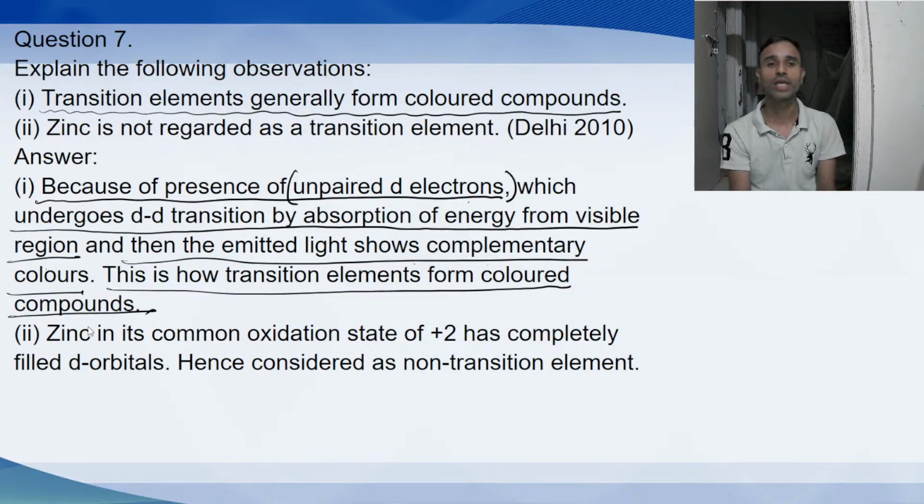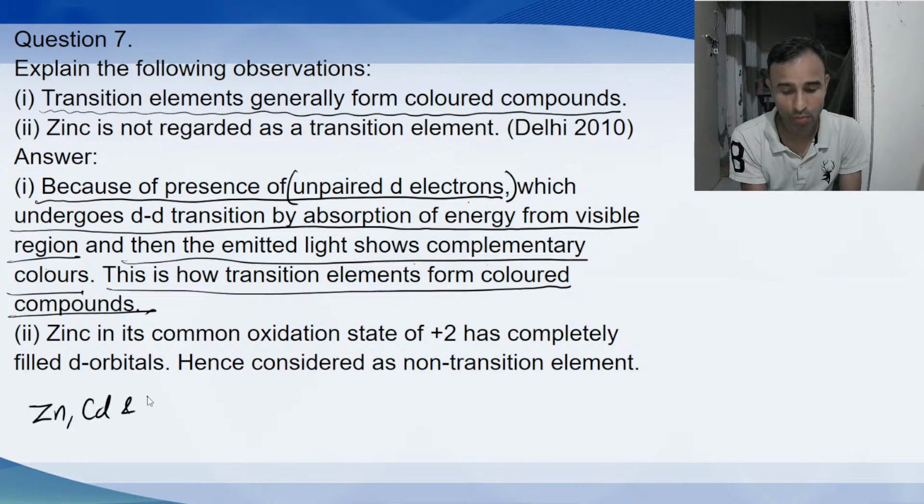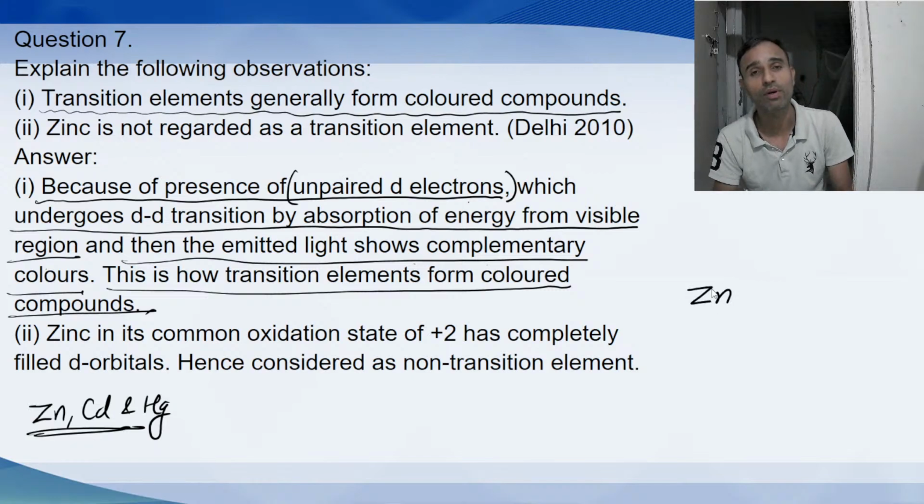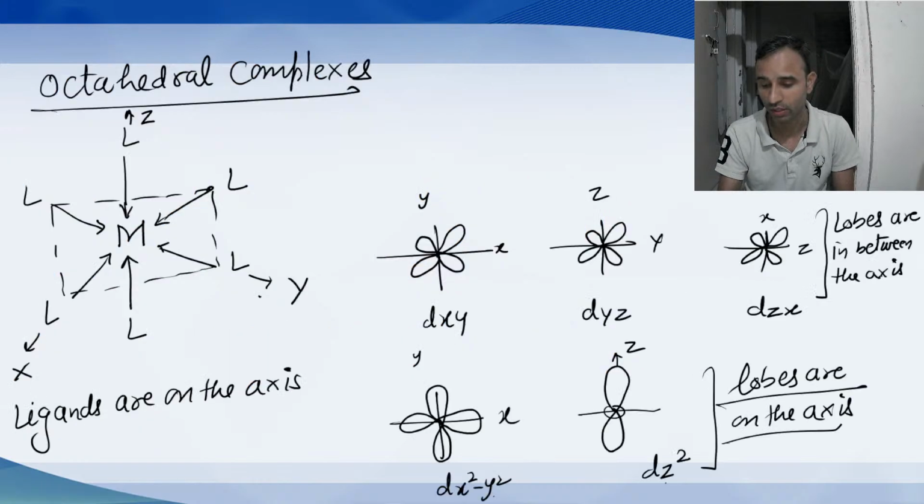Next question. Zinc is not regarded as a transition element. Not only zinc, cadmium and mercury are also not regarded as transition elements. Let us write the definition.